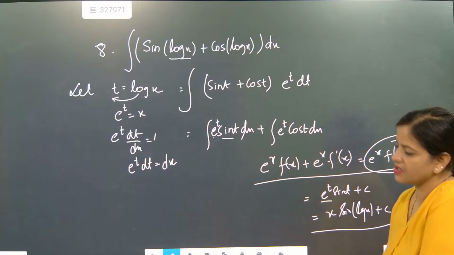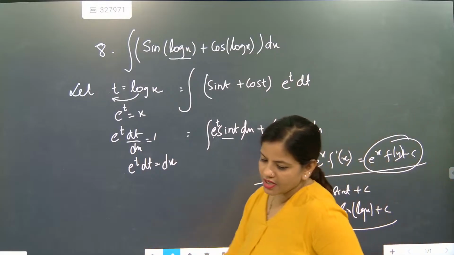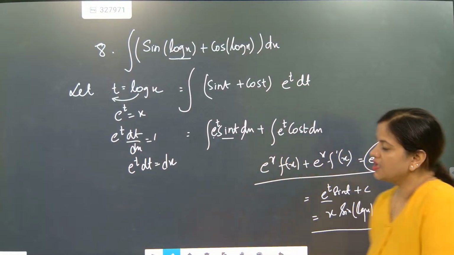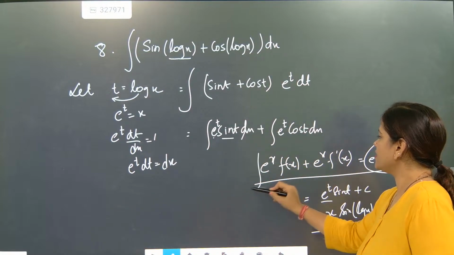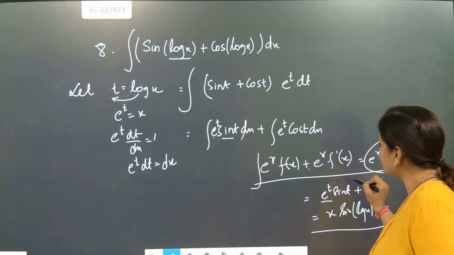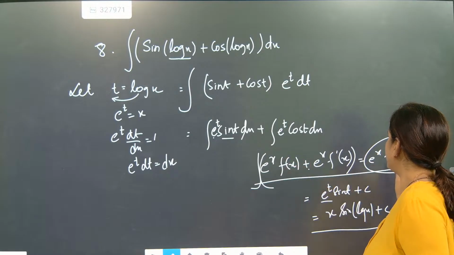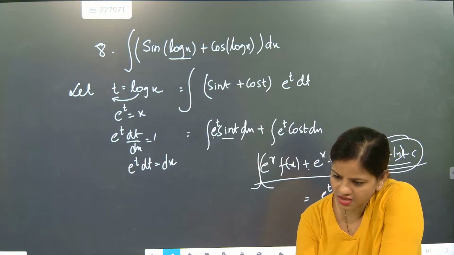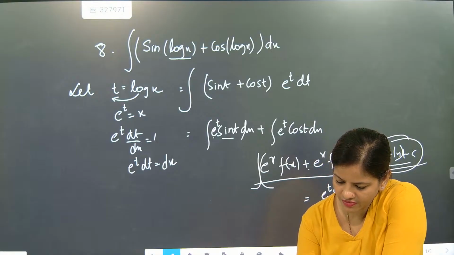The answer came there. But when I tried to open it, see, this is the formula itself, Kishore: e to the power x f of x plus e to the power x f dash x dx. If we are doing this, e to the power x f dash x is coming. That is correct from everything.